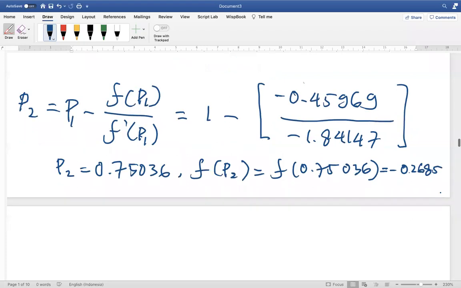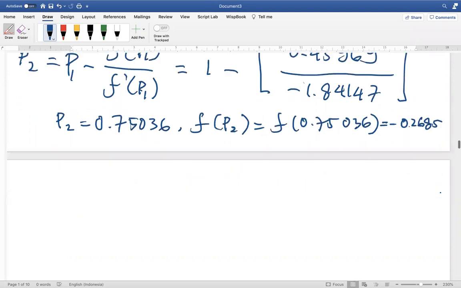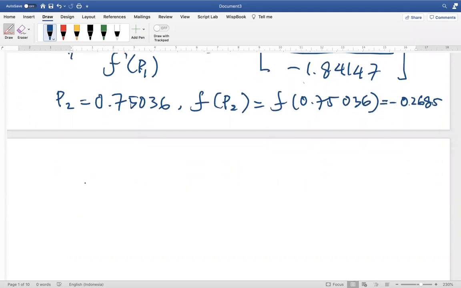Okay, therefore, eventually you can arrange your result in the form of a table. The table will look like this, Newton method.